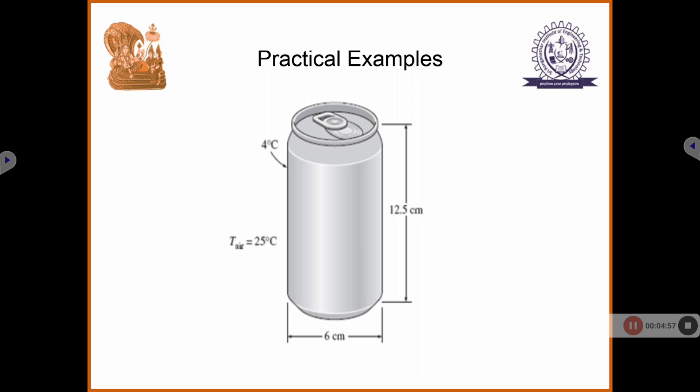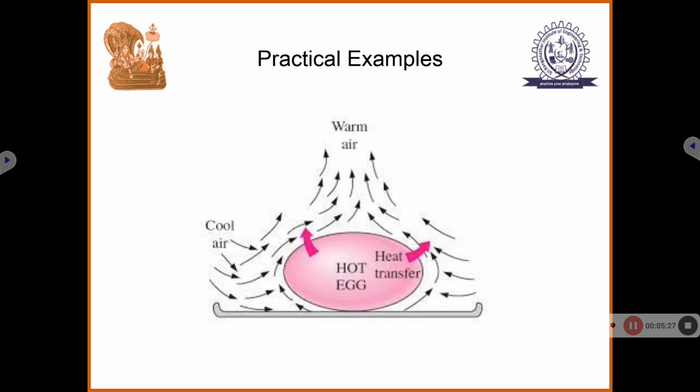This is why the cold canned drink is getting warmed up when it is left in the room. Both the coffee and the soft drink are in the same environment, but one is getting colder and the other is getting warmer, right? This is something that we experience in our day-to-day life. Every day we experience this scenario, but we might not understand why this is happening. So this is another practical example.